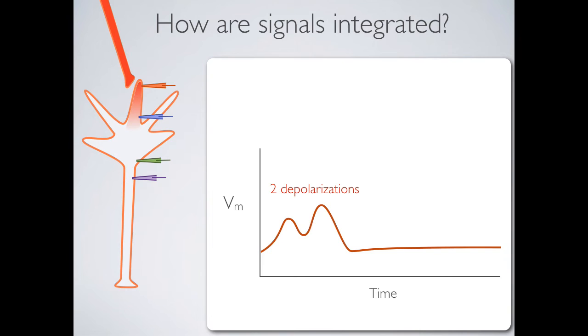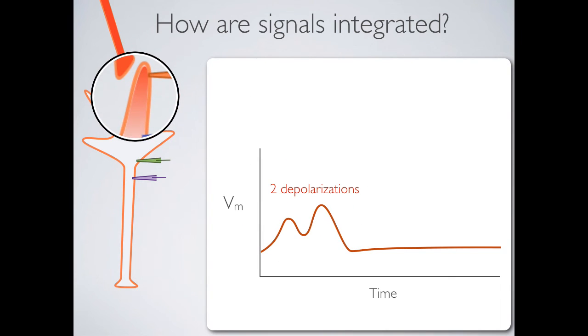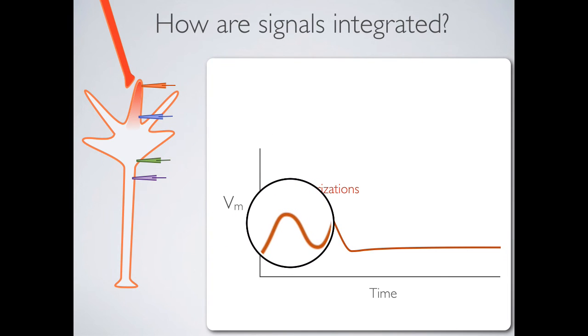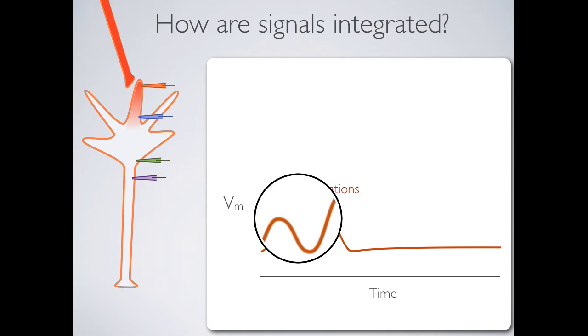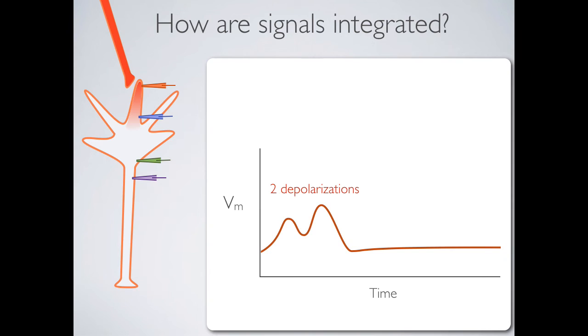But here we have something that's different, because we can see that there's two excitations here. Again, we're dealing with an excitatory synapse. So on the first release of neurotransmitter, we get this depolarization. On the second one, we get one that's greater. And in between, we actually don't return to the resting membrane potential. So that's kind of different, because we're used to thinking of these membranes as resetting and being ready to accept another signal. Here we see that by sending a pair of action potentials, we're building a depolarization.